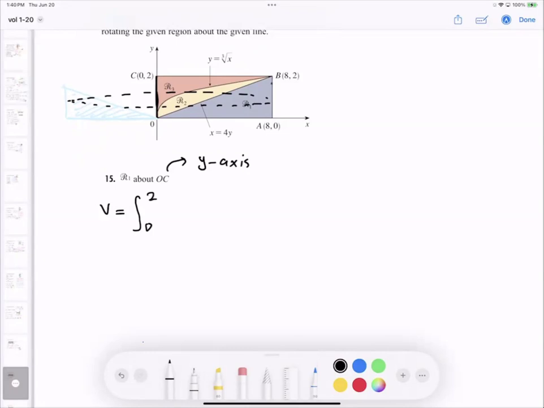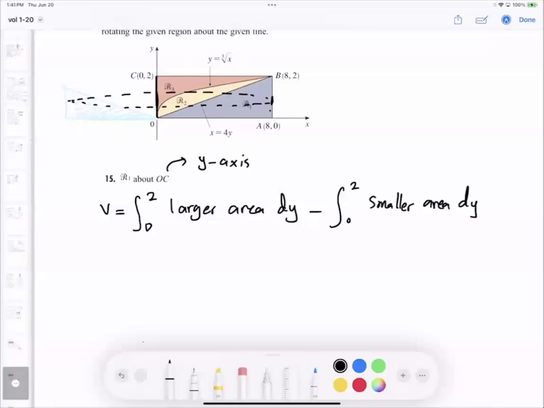Here you have a larger area dy minus the smaller area dy. The larger area, take a look. Your minimum x value minus the maximum x value is 8. So the distance here is 8.